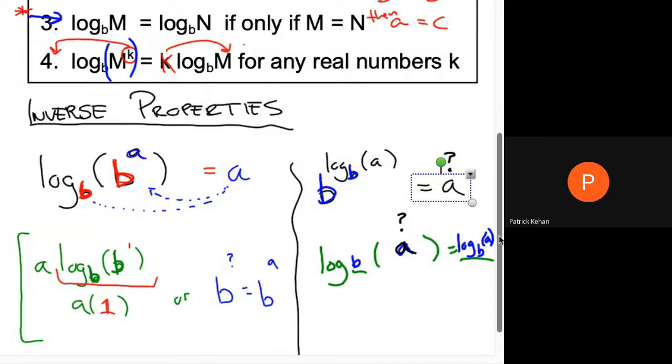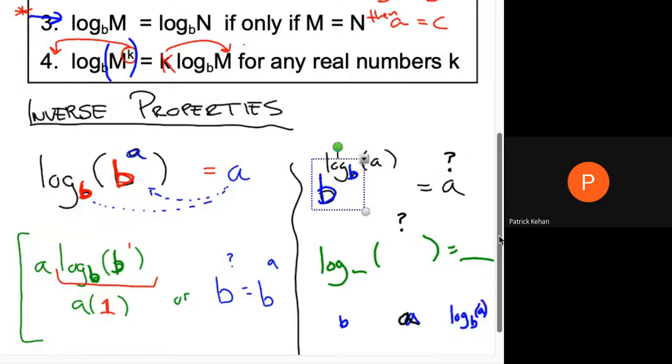The reasoning is, if I convert this into an exponential expression, start with an empty logarithm, and take the base of the power, so log base b, and then think about the conversion: b to what exponent is this? The exponent at hand is right here.